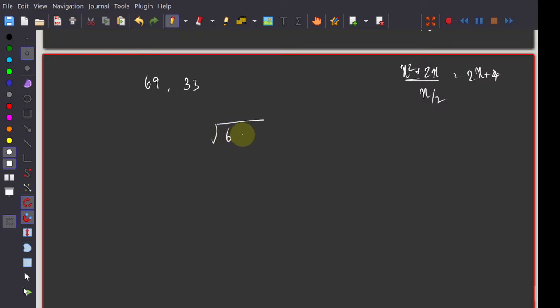So you take 69, divide this by 33, the remainder is 3. And then I'll take this number over here, try to divide 33 by 3.